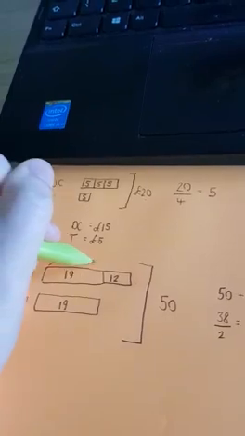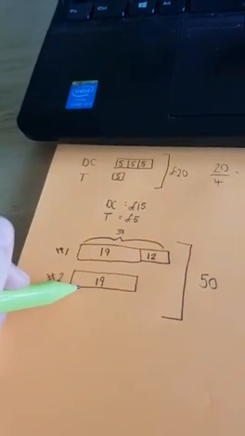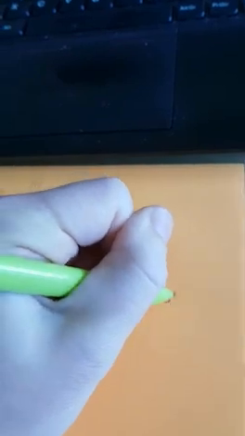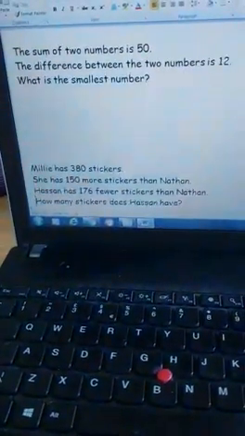So this first number is 31 and the second number is 19. So number 1 is 31 and number 2 is 19. The question was, what's the smallest number? The answer is 19. Okay, let's move on.